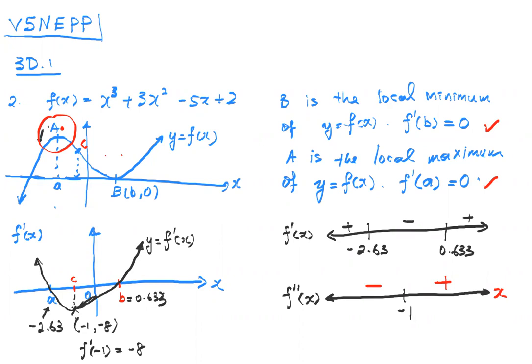So put a note there. The x coordinate of the turning point of the f prime x graph is the x coordinate of the inflection point of fx.